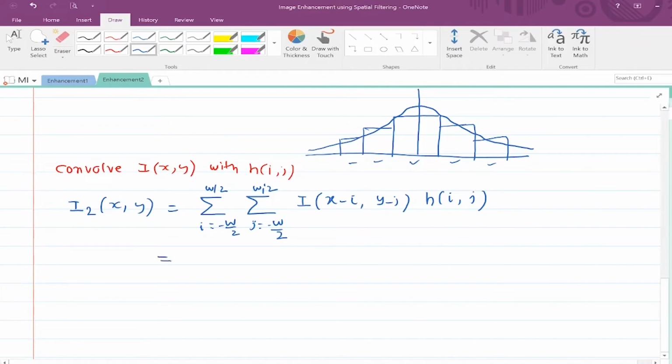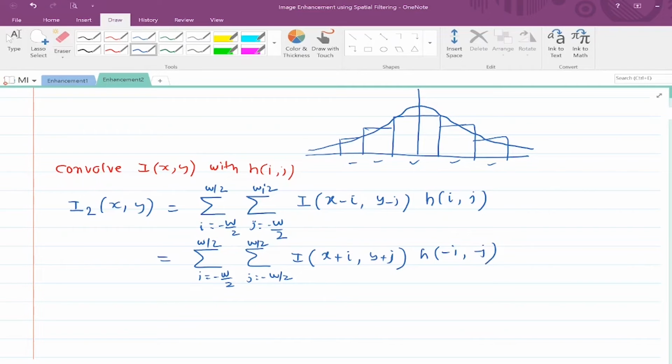This expression would be i varying from minus w by 2 to plus w by 2, j varying from minus w by 2 to plus w by 2, multiplying I of x plus i comma y plus j with h of minus i and minus j. So you are flipping your kernel in that particular region, right?